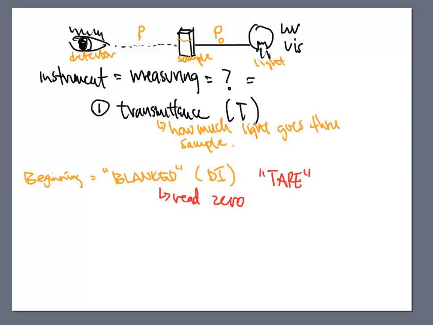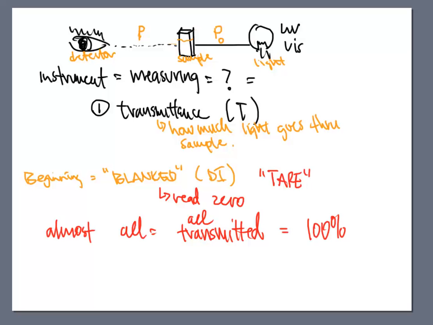And if almost all of the light goes through, then that means almost all of it is transmitted. And that means 100% of the light is transmitted through the sample. We call it percent T. The reason we call it percentage is because it's easier for us to measure and think of it in terms of this.